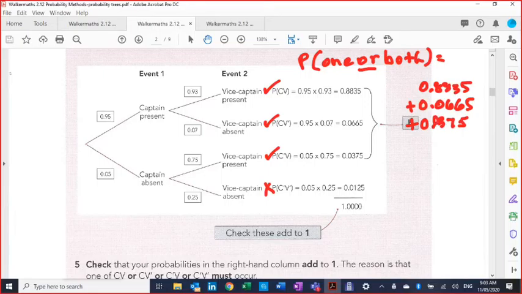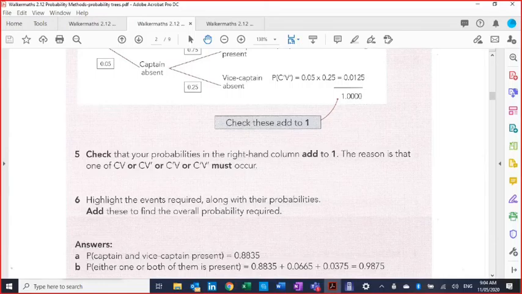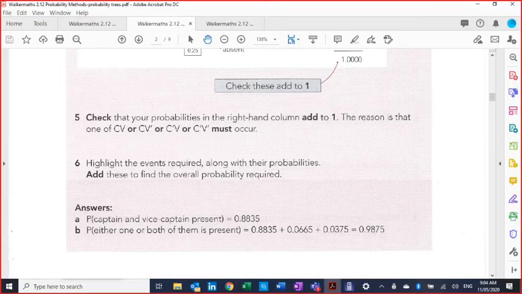Now, add them all together. Or, we know that the total is 1. I could have subtracted out the one that didn't work and it would give me the same total. Now, I'm not adding all those together, guys, because they've already done it here. You get 0.9875. So about 98.75% of the time, because many times they're going to ask you then to answer your question as a percentage.